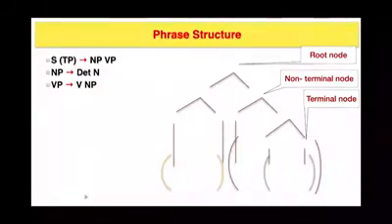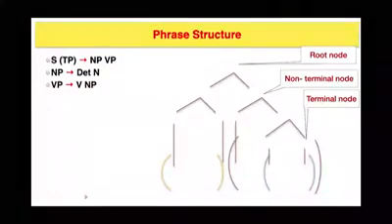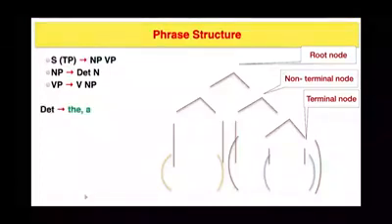And of course, you know that a noun phrase can also be divided into a determiner and a noun. Sometimes we can have an adjective in between the determiner and the noun, and we are going to come to these certain exceptions and rules.